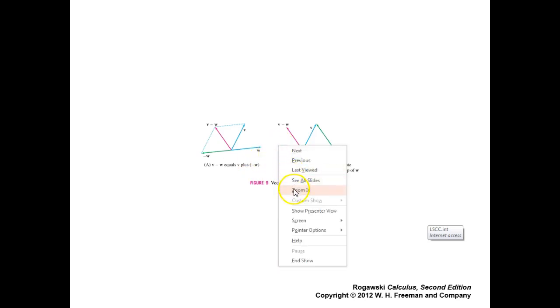Now we're kind of ready for this one. Really not quite. Let me zoom in first. It did this to me earlier.